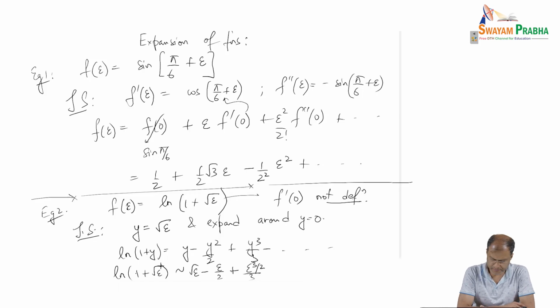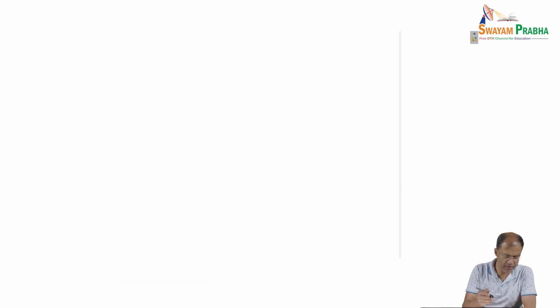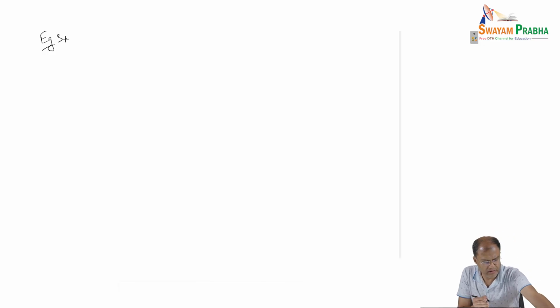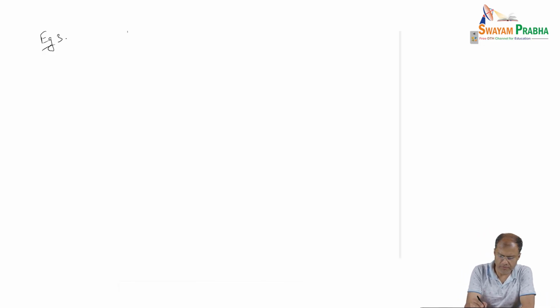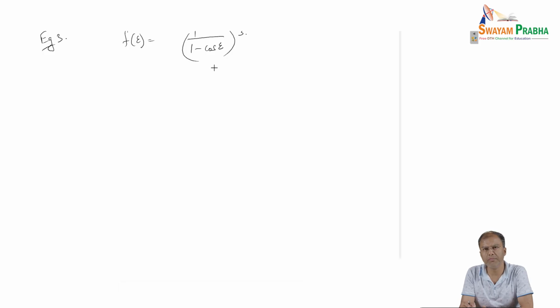So let us look at one more example before we move on to the real problem at hand, that is the regular perturbation. In this example we have a function which is 1 over 1 minus cos of epsilon to the power 3. Now we can see that if we plug epsilon equal to 0 here, f of 0 is not defined because cos of 0 is 1 and we have a denominator going to 0.